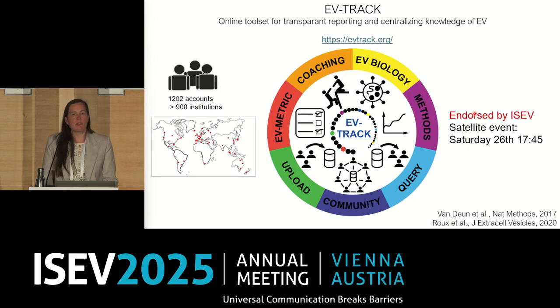A second tool that was developed is the EV-TRACK knowledge base, which is a freely available online toolset to stimulate researchers towards transparent reporting. So here the aim is really to provide a framework to help you on how to transparently report your experiments in a material and method section for a manuscript.